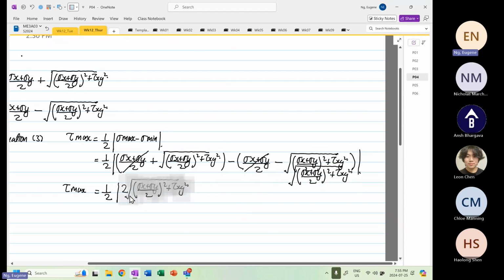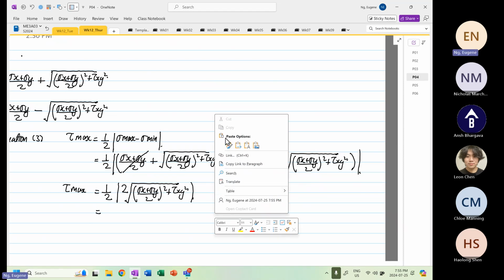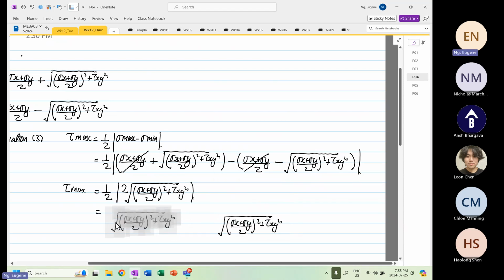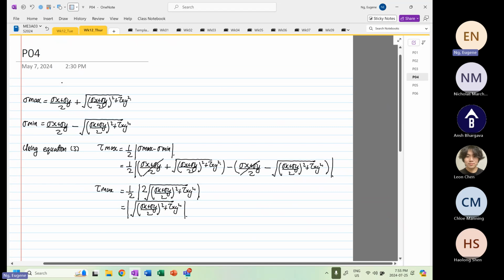You have this term over here, and this is in fact equal to, once you remove, cancel the 2 off, this value. So from here, you can see.